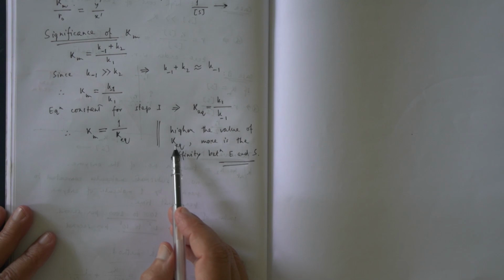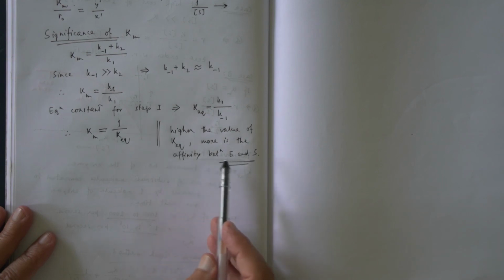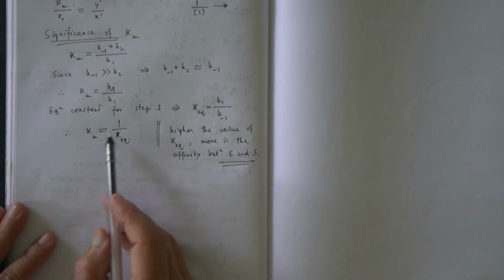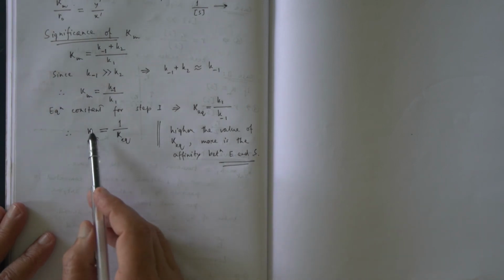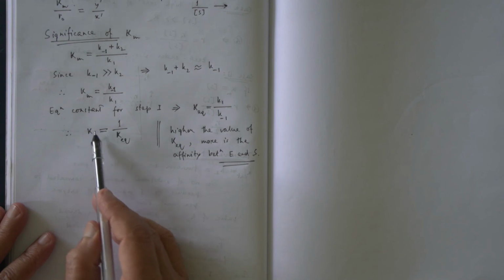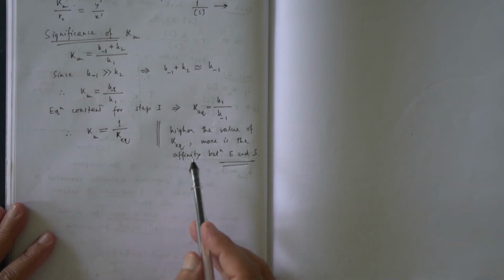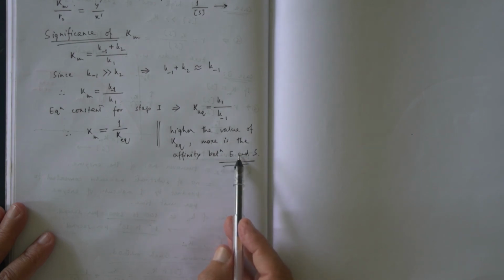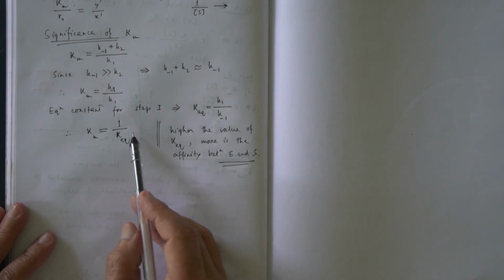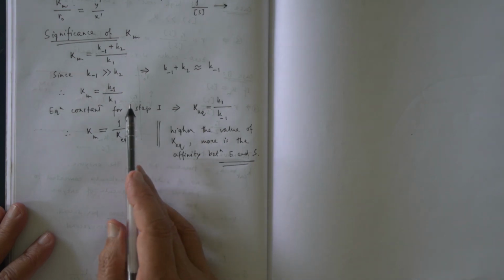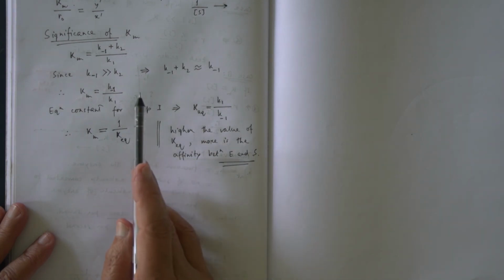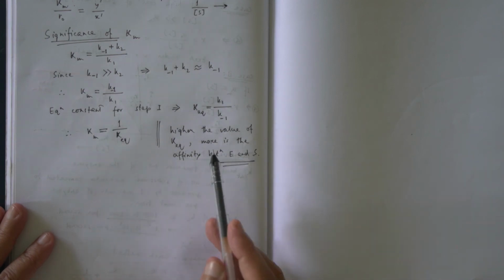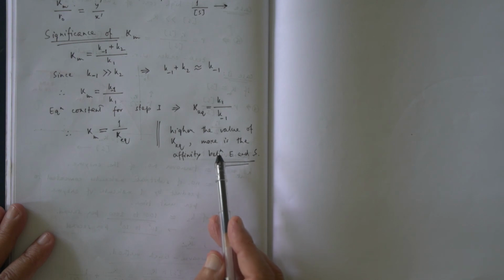So a higher value of equilibrium constant means higher affinity between enzyme and substrate. But Michaelis constant will be the opposite. That means higher the value of Km, Michaelis constant, lower will be the affinity between enzyme and substrate. So this is the significance of Michaelis constant. Higher the value of Michaelis constant, lower will be the affinity between enzyme and substrate.